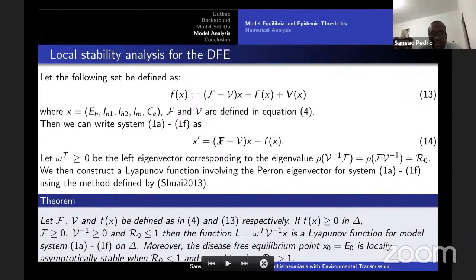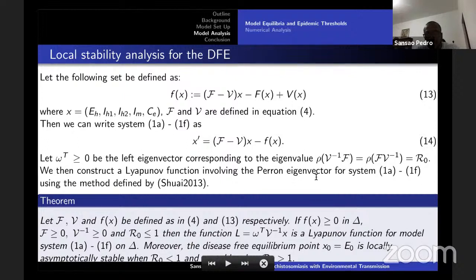Okay, so this F is the same matrix that we saw before, and this V is the same matrix that we saw before, and then here there is a function which will take care of the other components that are not included here. So if you are able to write your system this way, it means you can construct your Lyapunov function, which will be a result of the Perron eigenvector.